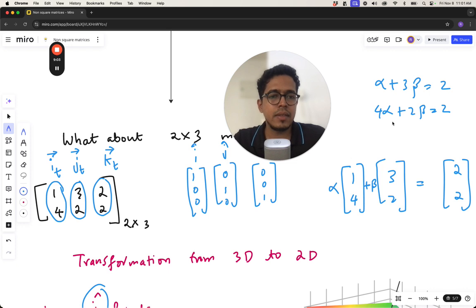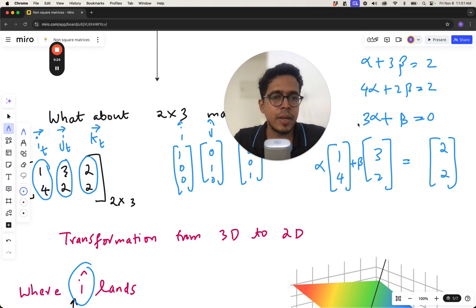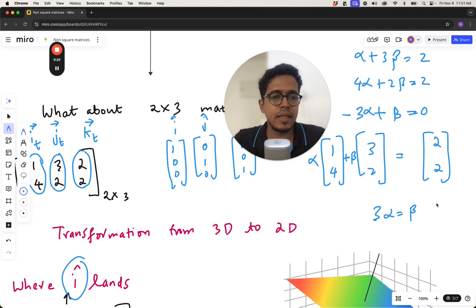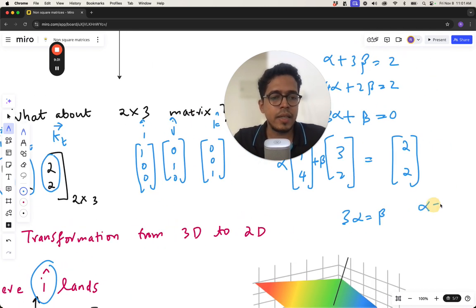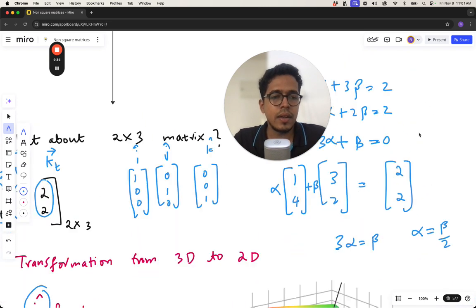So we can subtract these and we get minus 3 alpha plus beta equal to 0, right? So 3 alpha equals beta. So alpha equals beta by 3 basically. So we can now write alpha in terms of beta.